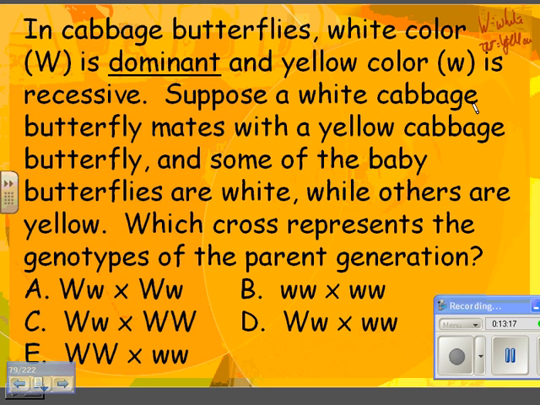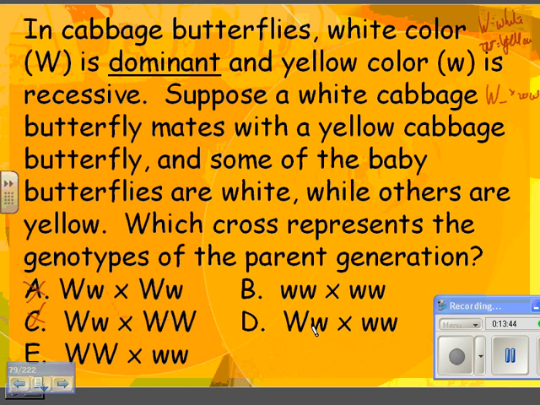Suppose a white cabbage, that means it's big W something, mates with a yellow cabbage, which would be little w, little w. And some of the baby butterflies are white while others are yellow, which represents the genotypes of the parent generation. So I know at least one of them is little w, so that means I can get rid of that.